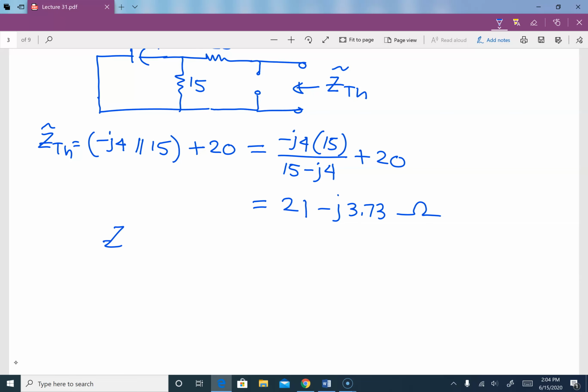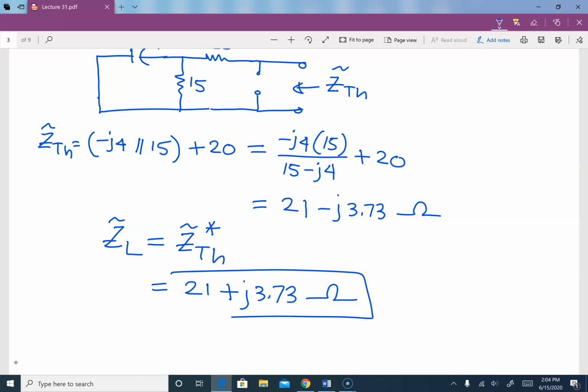So ZL for maximum power should equal to Z Thevenin conjugate, and that means 21 plus J3.73 ohm. So to conjugate, you will just flip the sign of the imaginary part.